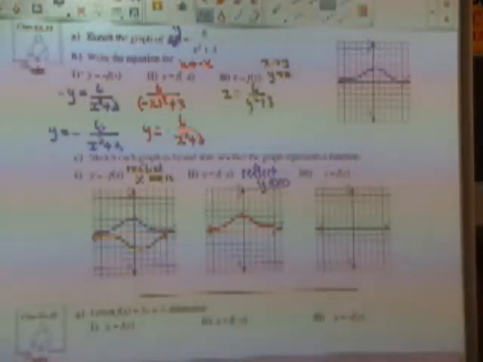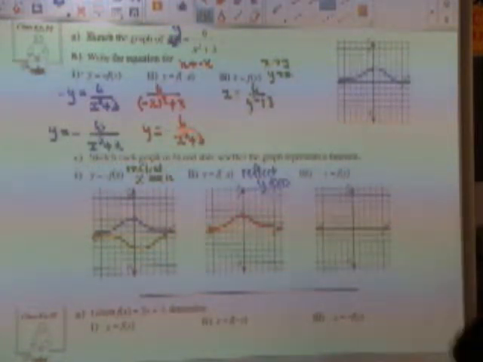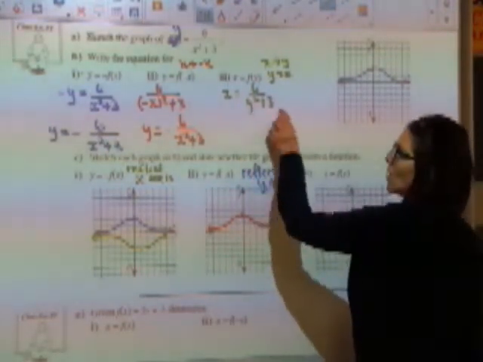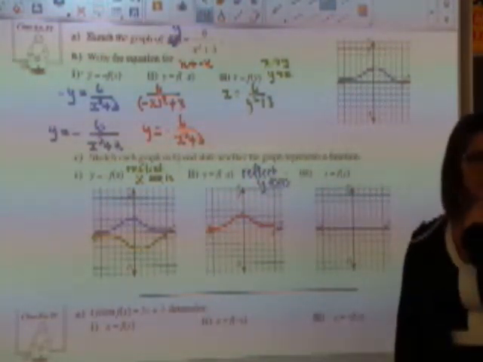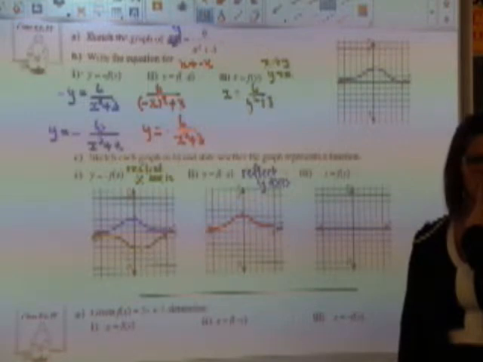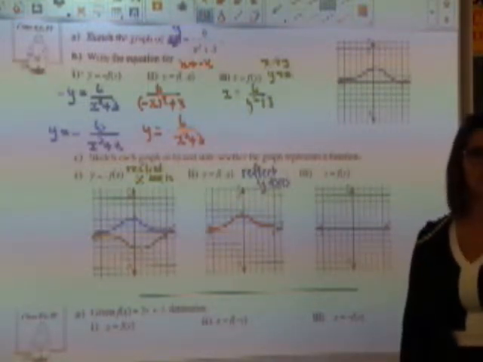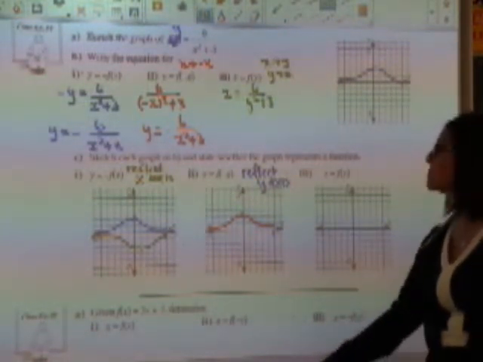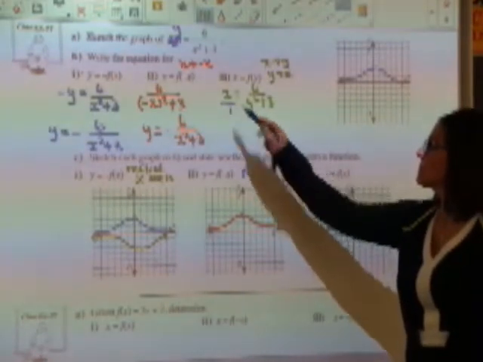How do I write that as a y equals equation? So I have this as a denominator. How do I bring it to the top? What could I do?